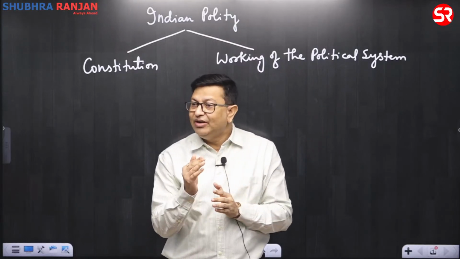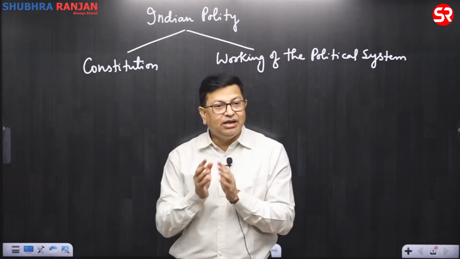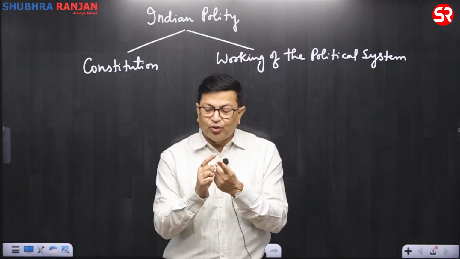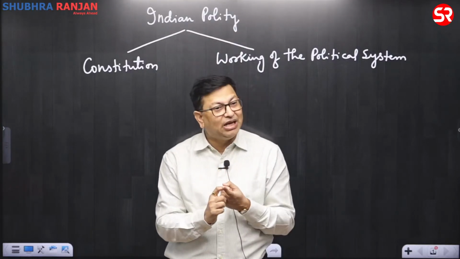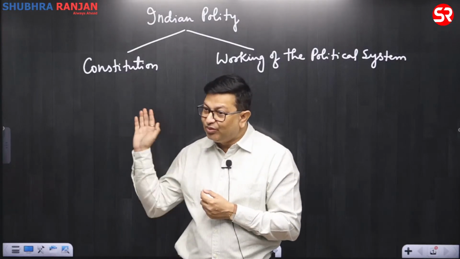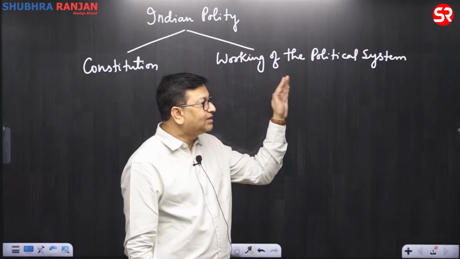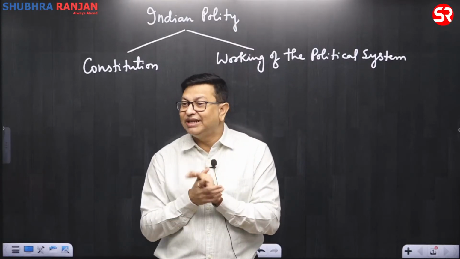Similarly, when we talk about the judiciary, under the constitutional part, the provisions with respect to the Supreme Court and the high courts are important from the prelims point of view. That is one part. But coming to the second part, what are the issues in the Indian judiciary?